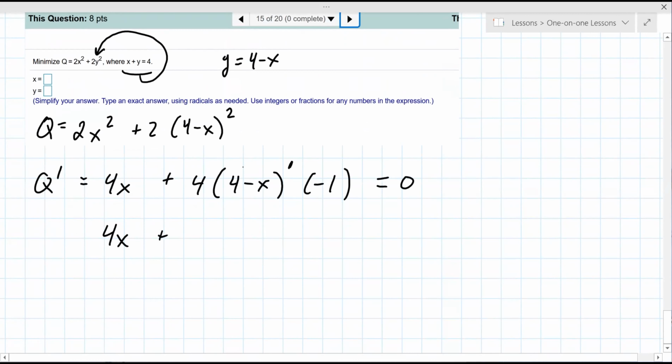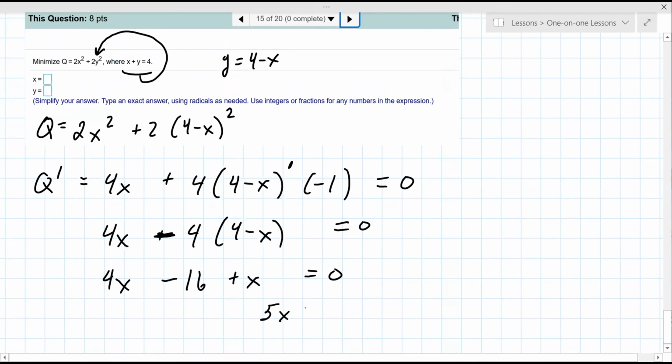I think I've seen this before. You could bring this negative over here, so we'll call this minus 4 times 4 minus x equals 0. 4x minus 16 plus x equals 0. So you end up getting 5x equals 16, and x equals 16 over 5.